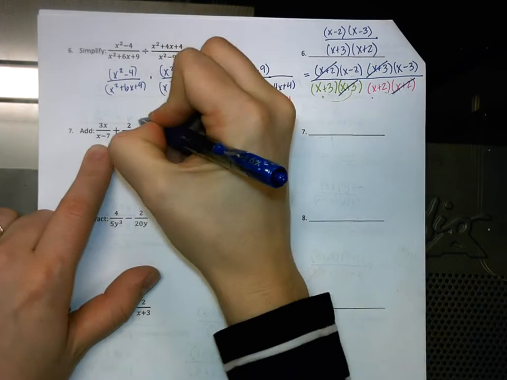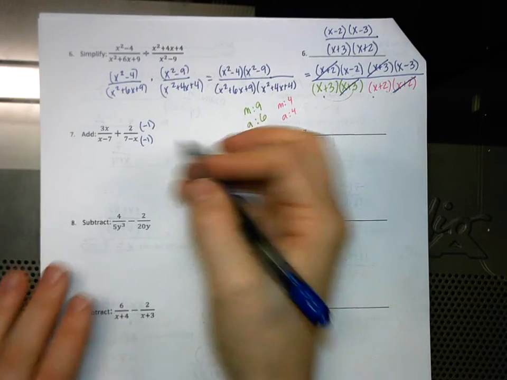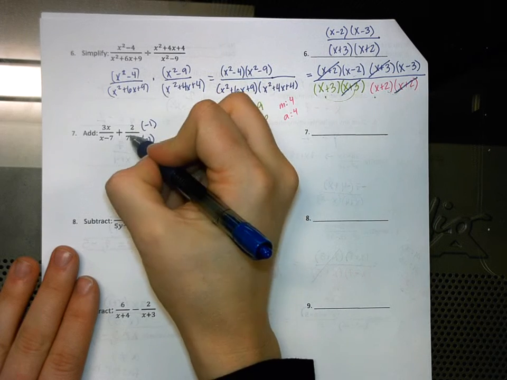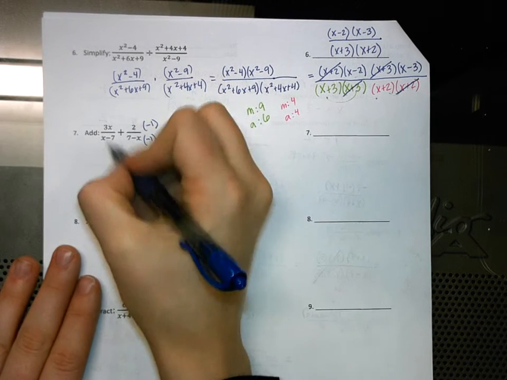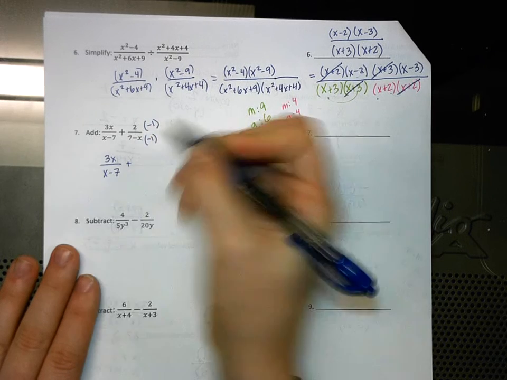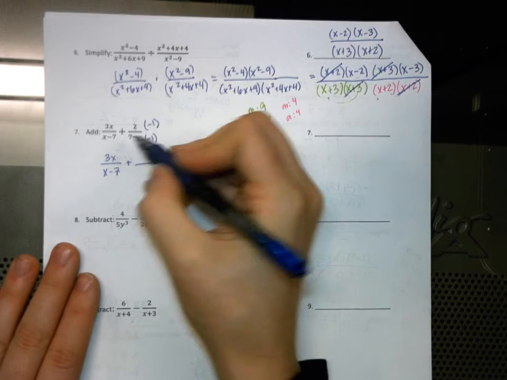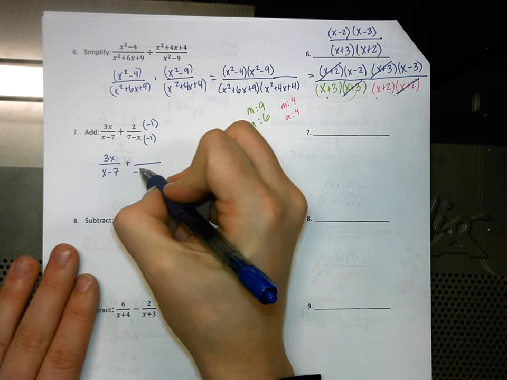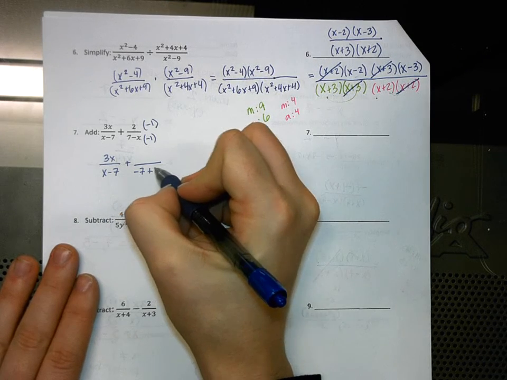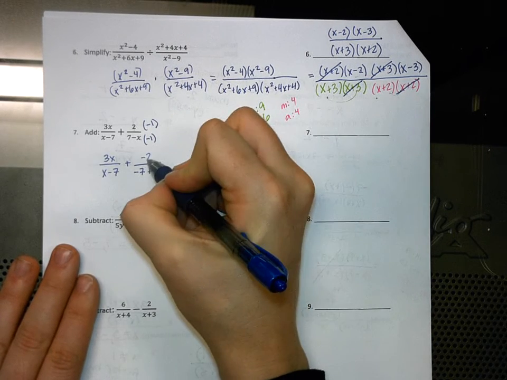Negative 1. So let's distribute a negative 1 to each of these values. We haven't changed our first fraction yet, but if I distribute that negative 1 to my denominator, I get negative 7 plus x, and then multiplying my numerator by negative 1, I would get negative 2.